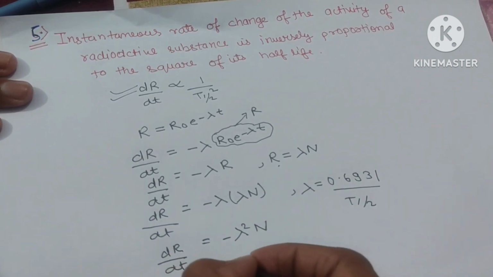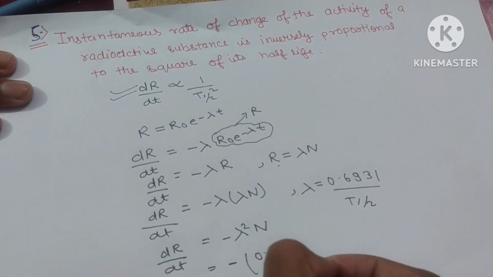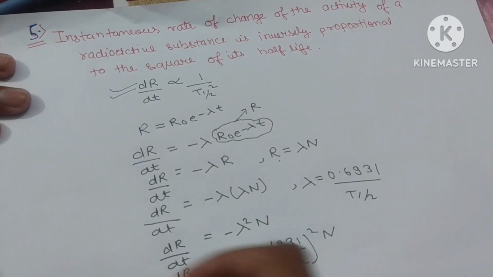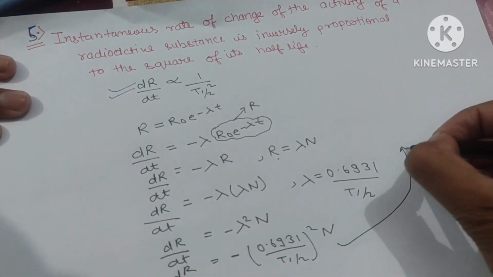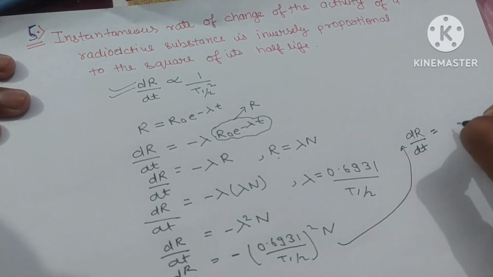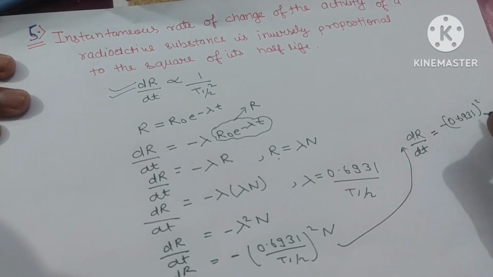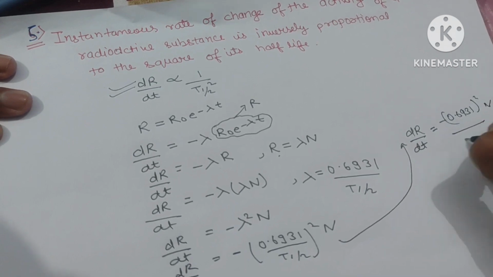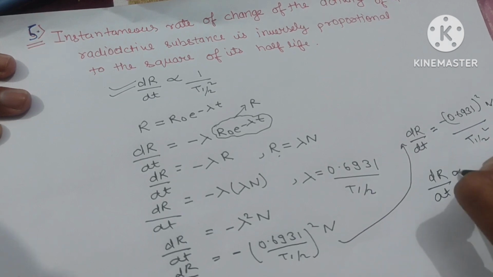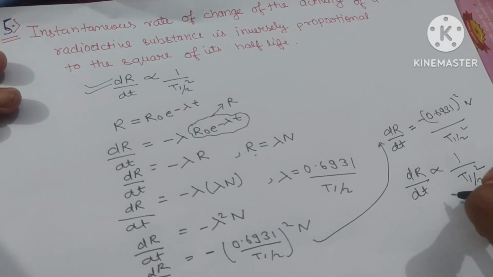So here we will put all this, 0.6931 square N and R. So we have gotten the square here. So clearly we can say dR/dt is proportional to 1 by half-life square. Okay, and this is proved.